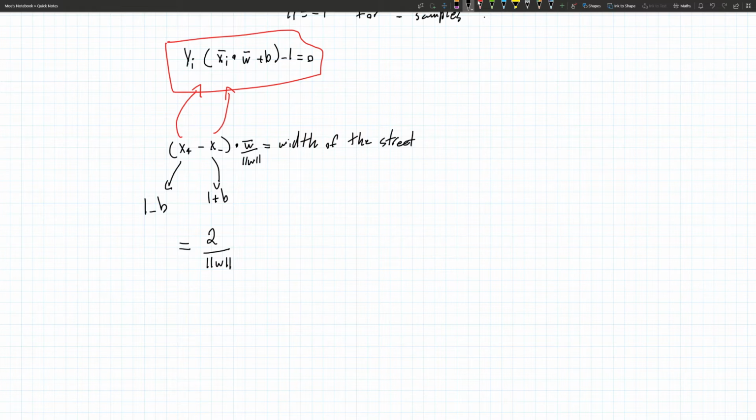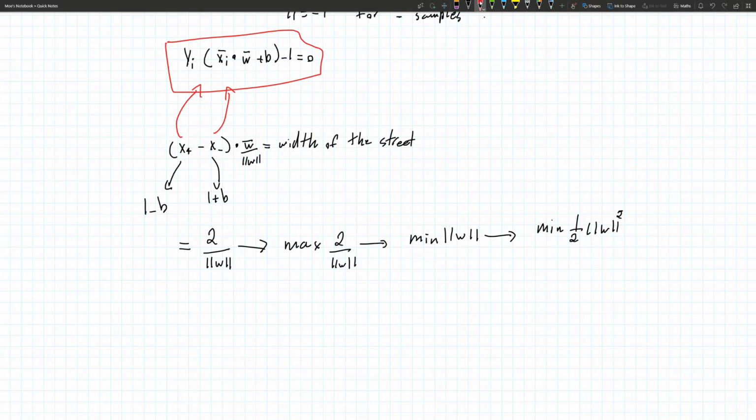So this is the value that we need to maximize. But for mathematical convenience, we transform it: maximizing 1 over the magnitude of w becomes minimizing the magnitude of w, and then minimizing half the magnitude of w to the power of 2.